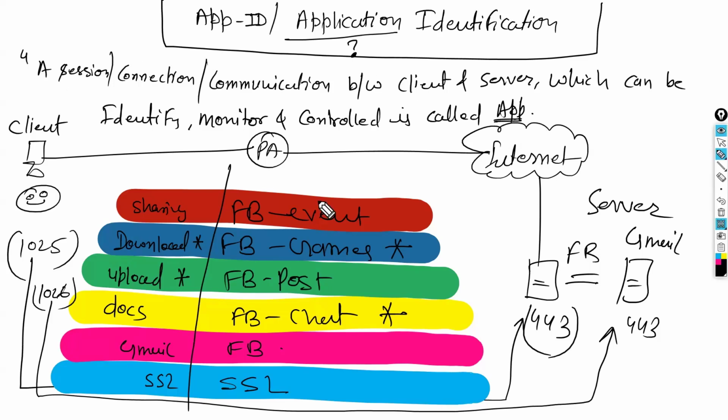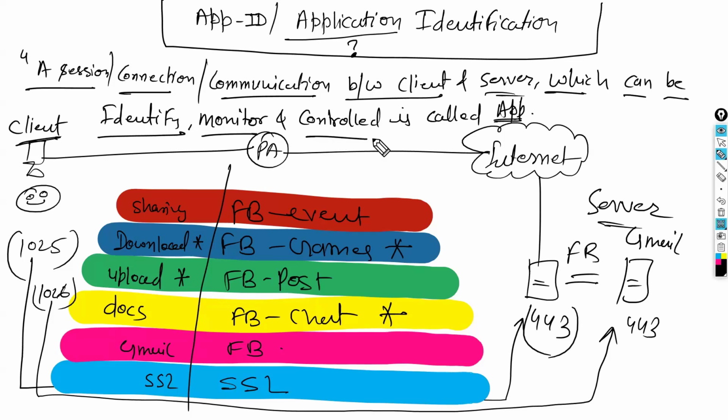Then we can say, according to Palo Alto, a session, connection, or communication between client and server which can be identified, monitored, and controlled is called an application.